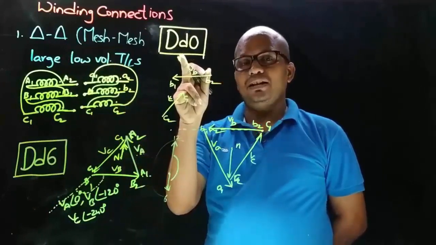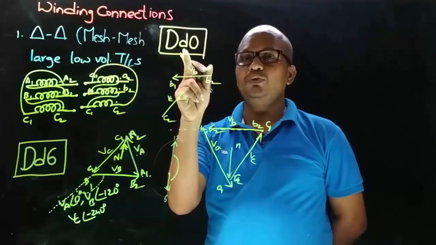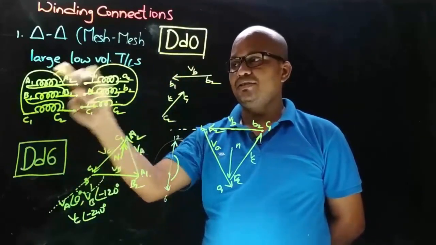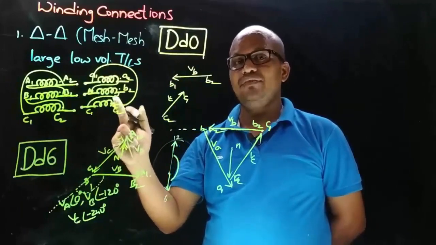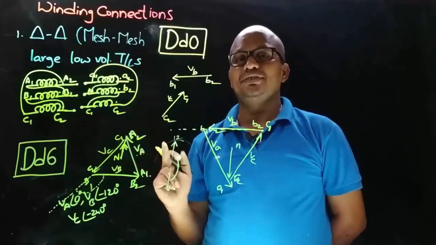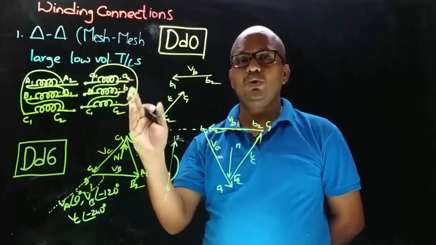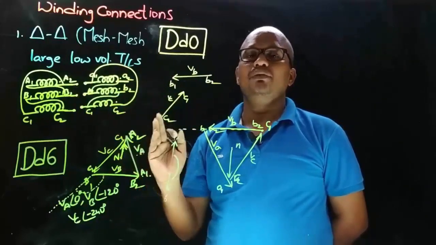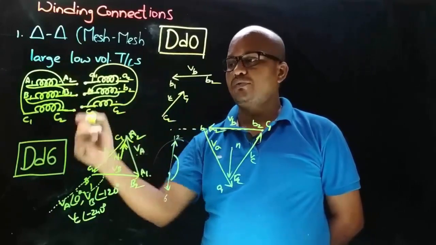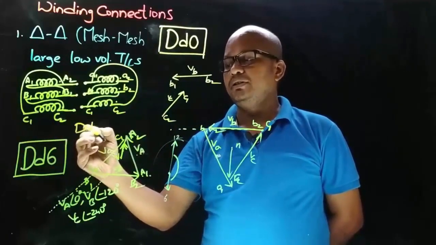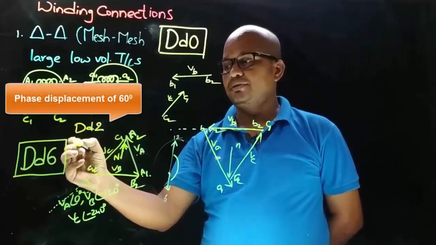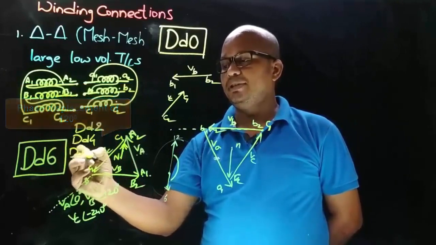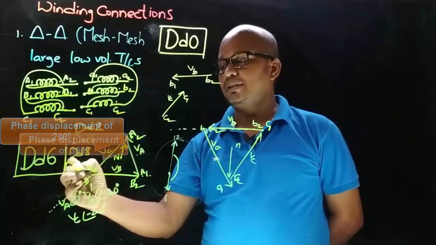This type of delta-delta connection is having a phase displacement of 0 degrees, and this type of delta-delta connection is having a phase displacement of 180 degrees. That is, here LV side voltage is displaced by an angle of 180 degrees with respect to HV side voltage. And the other possible connections of delta-delta can be this, or this, or this, or this.